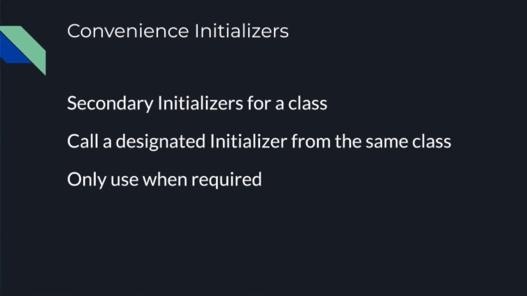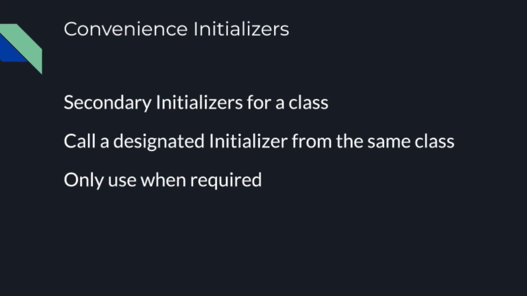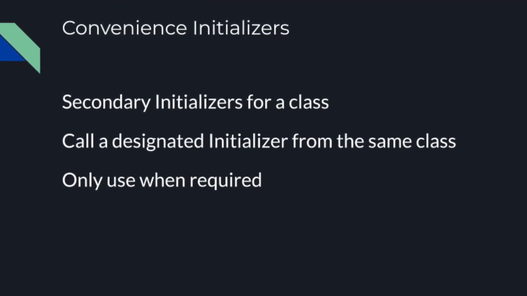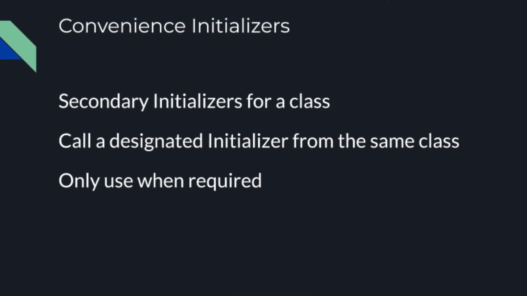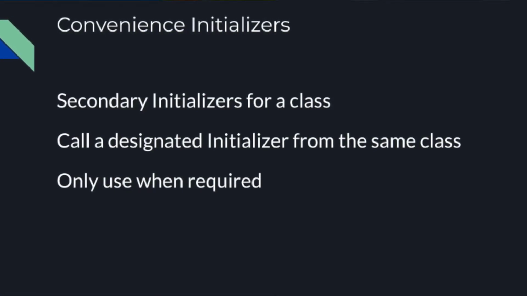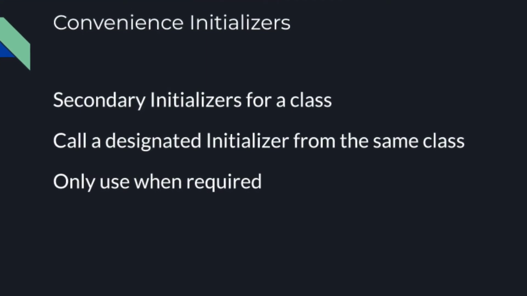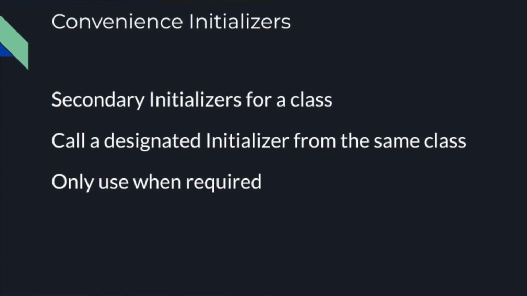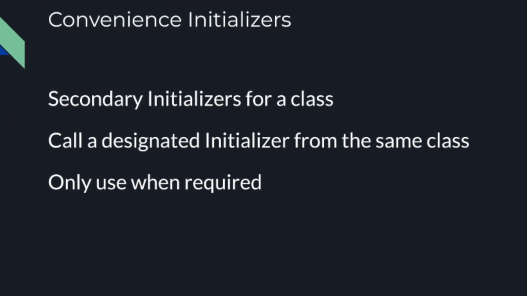You can also define a convenience initializer to create an instance of that class for a specific use case or input value type. You don't have to provide convenience initializers if your class does not require them. Create convenience initializers whenever a shortcut to a common initialization pattern will save time or make initialization of the class cleaner in intent.